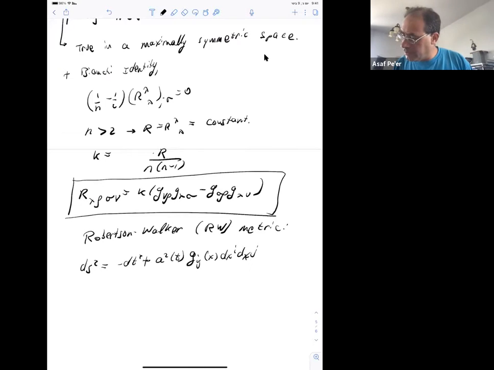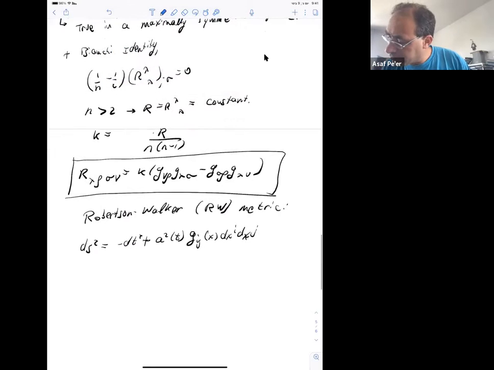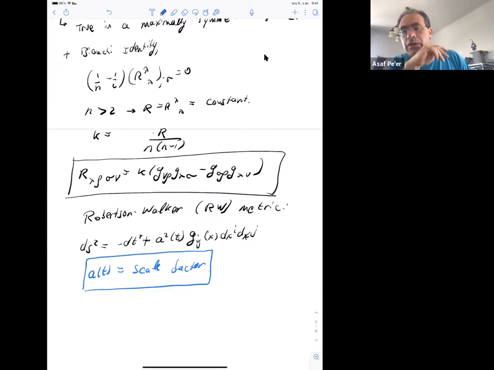And a of t has a name. It's called a scale factor. That's a factor that depends on the time that multiplies all the spatial part of the coordinates. Okay, so that means that, again, it kind of makes a lot of sense.